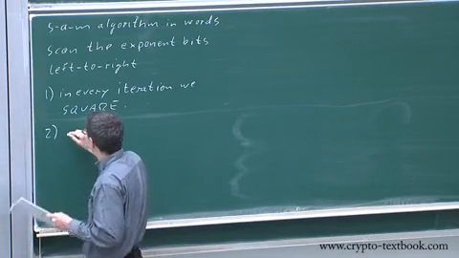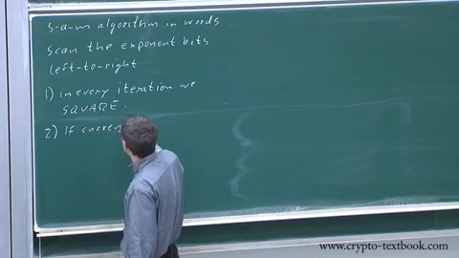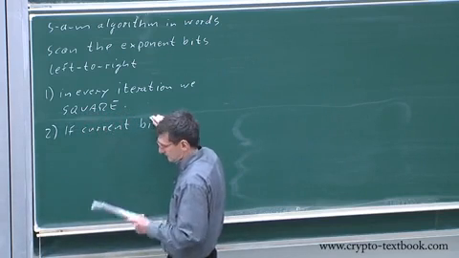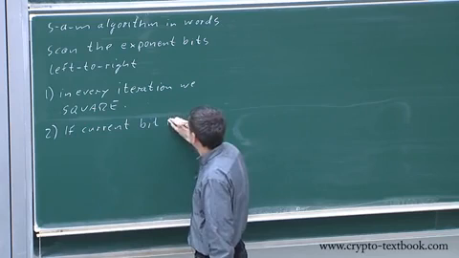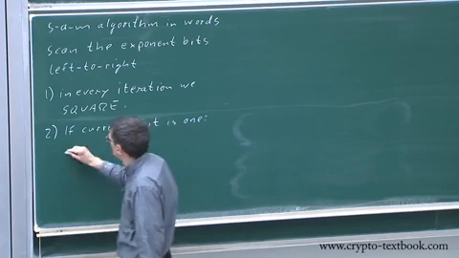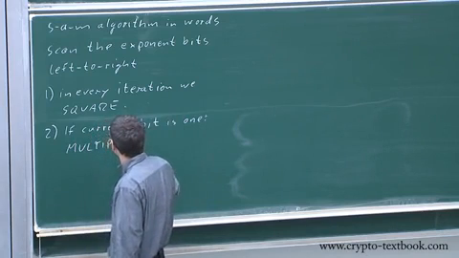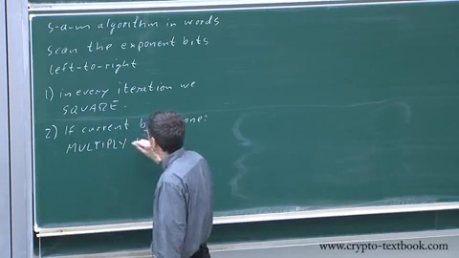Second, if current bit, also if das aktuelle Bit, if current bit is 1: multiply by x.